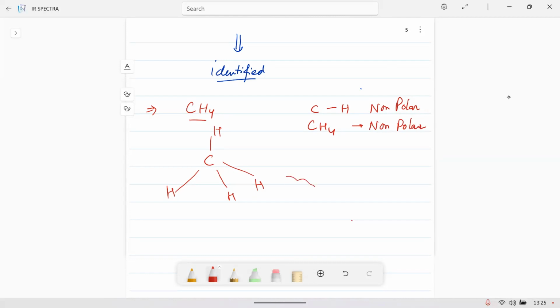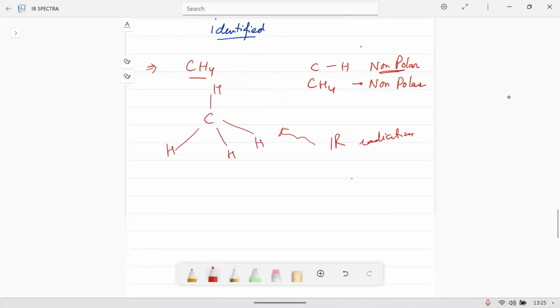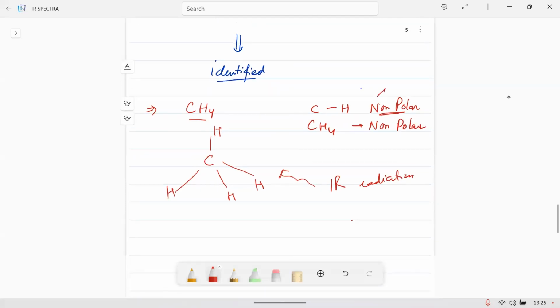Now, even if it absorbs the IR radiation, the bonds are not going to become polar. Whether the bonds are polar or non-polar is based on the electronegativity difference, so that is not going to change. The molecule's polarity can change because of the symmetrical shape, whether the dipoles cancel out each other or not.